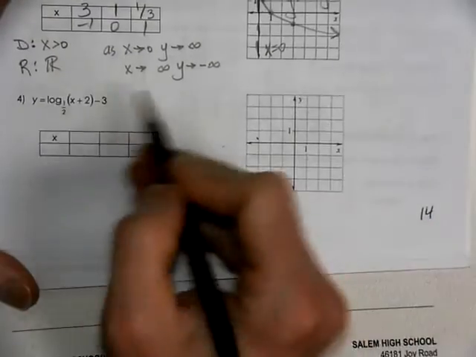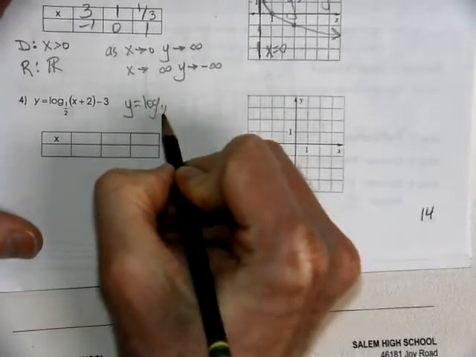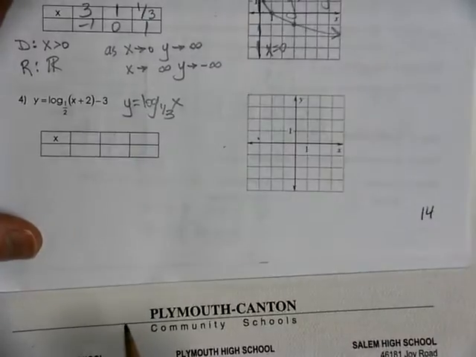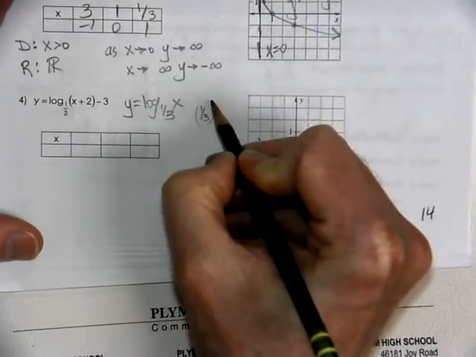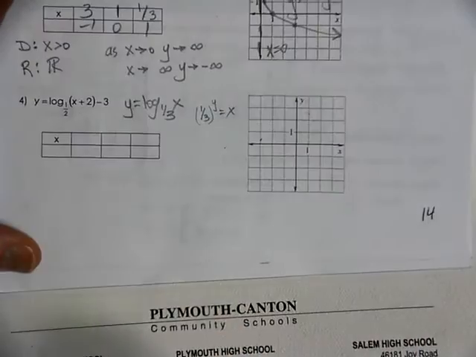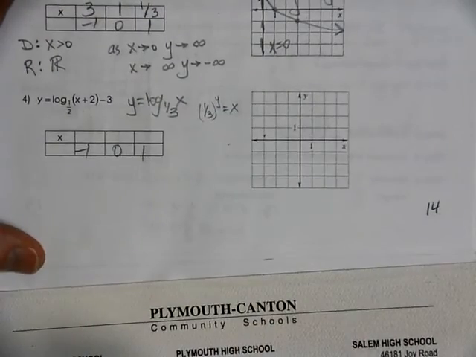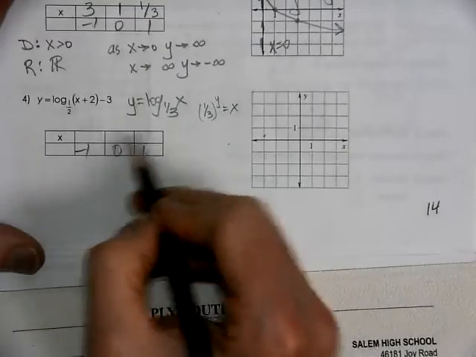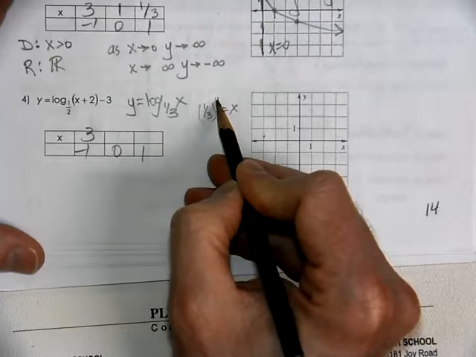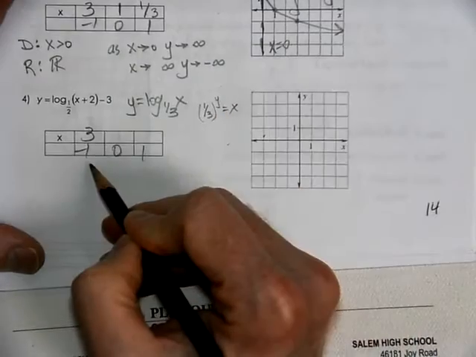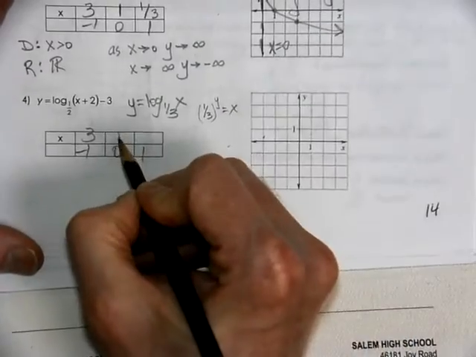Over here, our parent function is going to be log base 1/3 of x. And we're going to turn that into exponential form and use y values of -1, 0, and 1, which is going to be 3. When you take 1/3 to a negative power, you flip the fraction. 0, any number to the 0 power is 1.